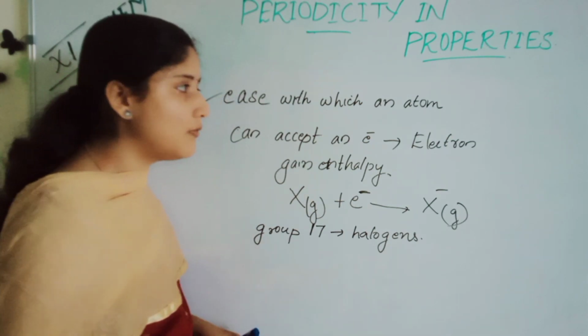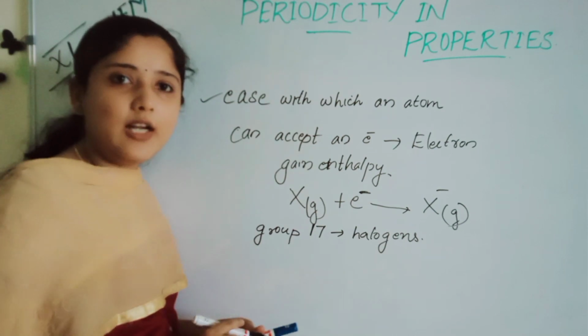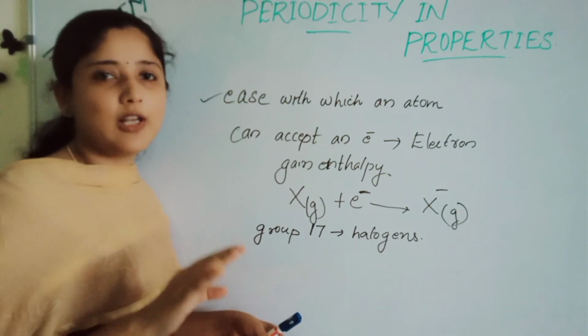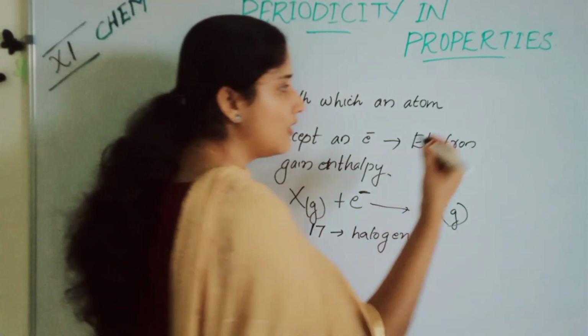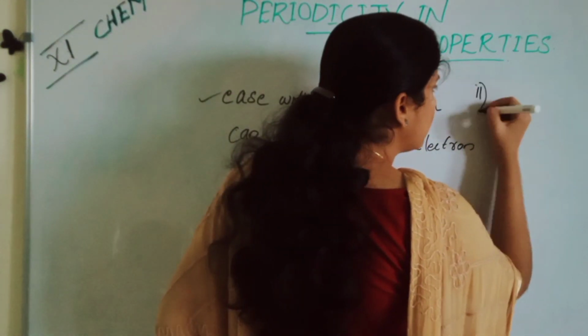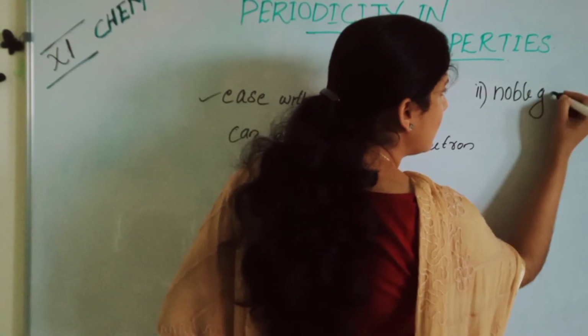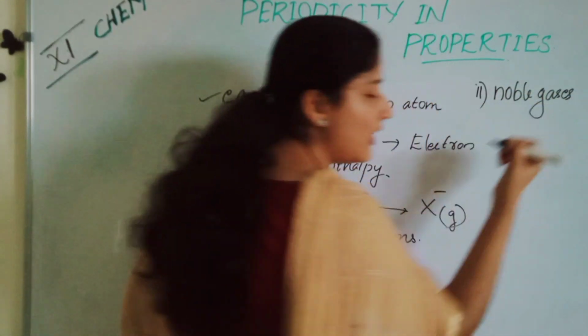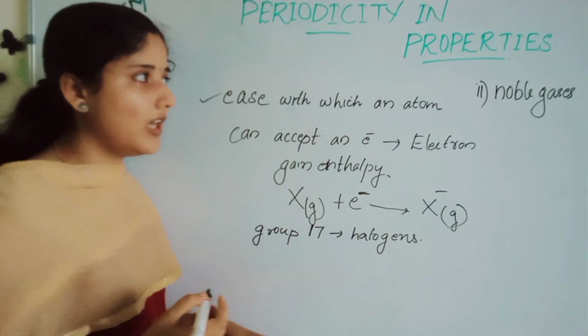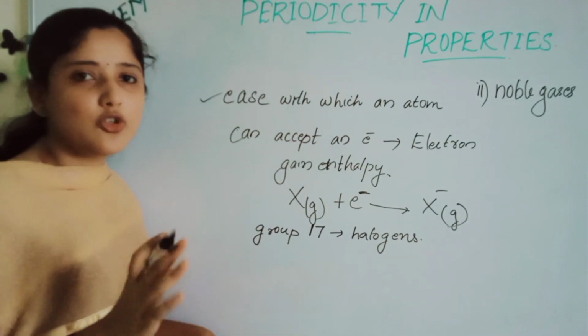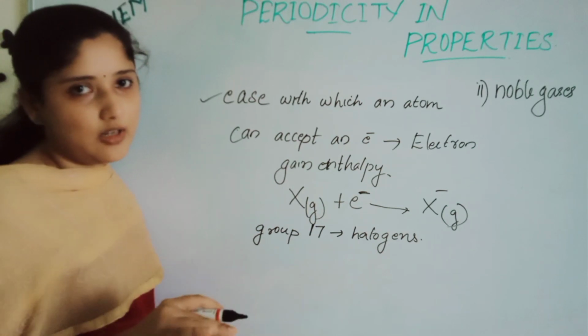But in the case of noble gases, it will be very difficult to add an electron, because it should be added to a new shell.